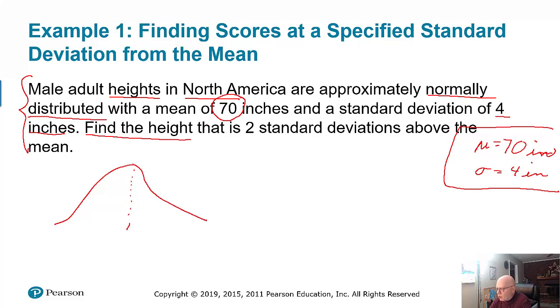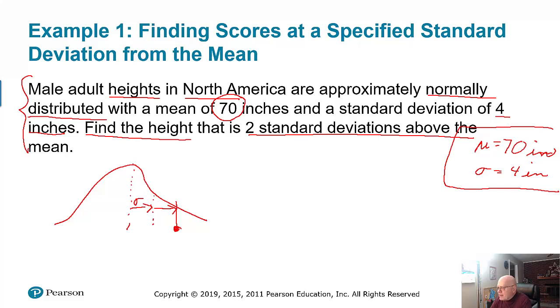It doesn't look very normal, but the picture is going to lead me and help me find a way. So it says 2 standard deviations above the mean. So if I go 1 standard deviation here, and then another standard deviation here, this is the point I'm interested in.